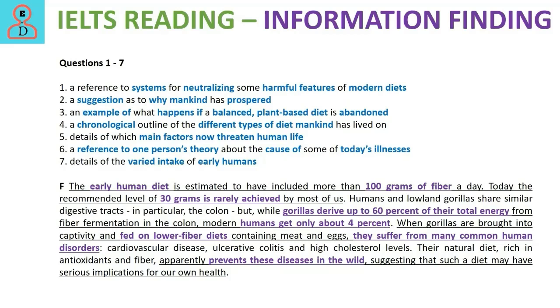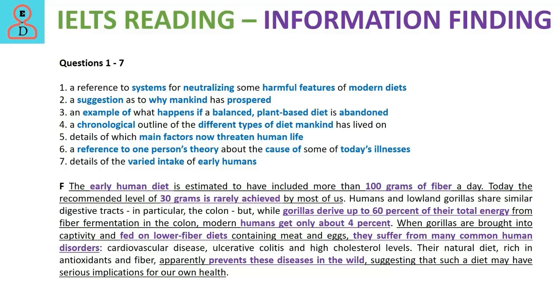In paragraph F, the top 2 lines talk about early humans as well, but it does not talk about variety in diet, hence it cannot be the answer for statement number 7. Rather, it talks about a fiber-based diet, which is a vegetarian diet.